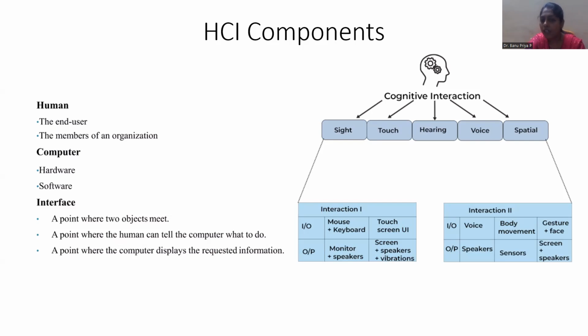One can have a mouse, a keyboard, a touch screen, like that. And interaction two can be via your NLP, that is your voice, or your speakers, your body movements, your gestures even. You can include senses, or even just speakers or screens can be included for the communication medium. However, all these fall under cognitive interaction only.